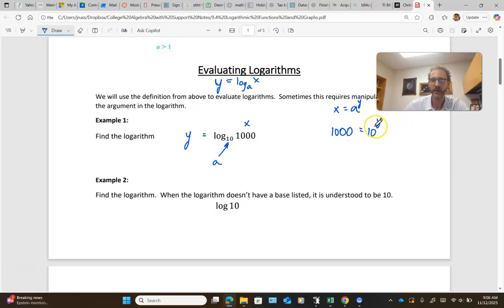Okay, so we're trying to figure out what exponent of 10 will give me 1,000. Well, think about some powers of 10. 10 to the first is 10. 10 to the second is 100. 10 to the third is 1,000. So, log base 10 of 1,000 is 3, okay? Because 10 to the third power is 1,000.